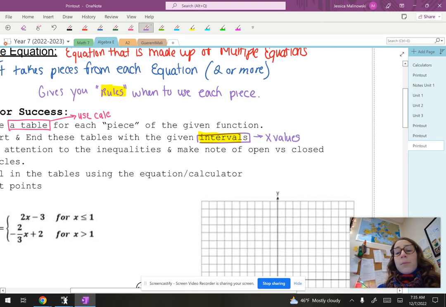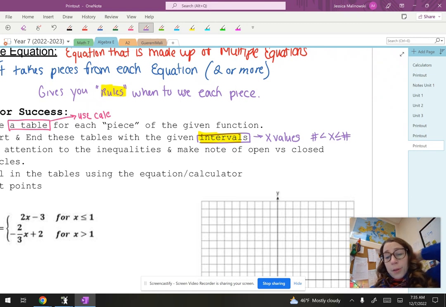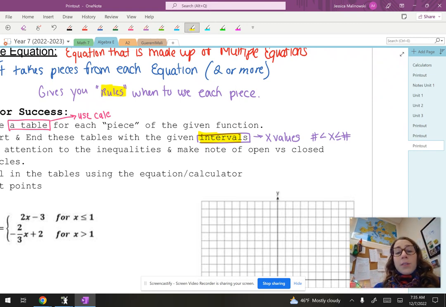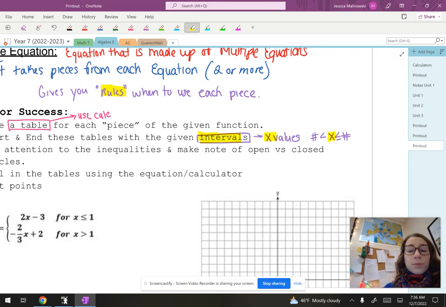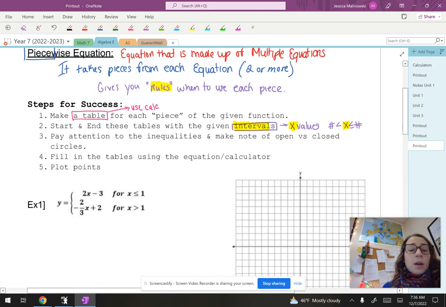And those will look something like, number less than x and or less than or equal to another number, talking about x values. While you're doing these tables, make sure you're paying attention to the inequalities, making note of which ones get open circles versus closed circles. Remember, the inequalities were on green.